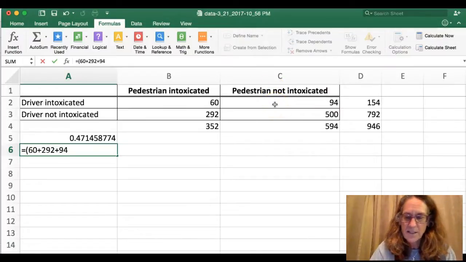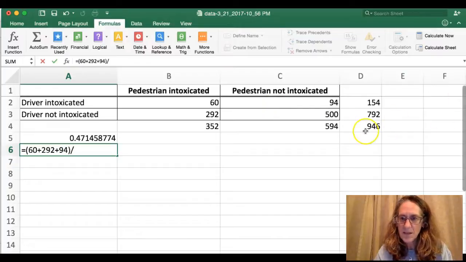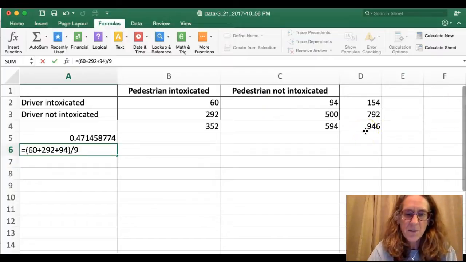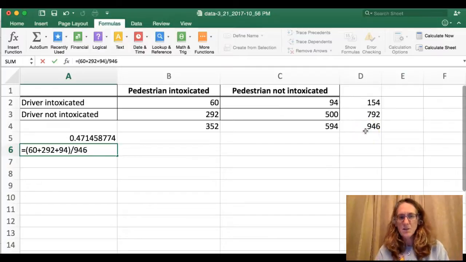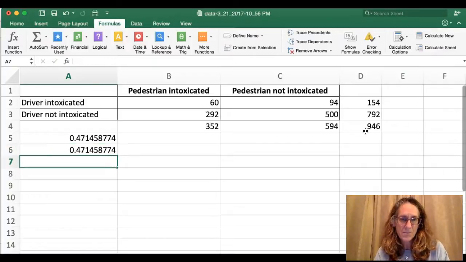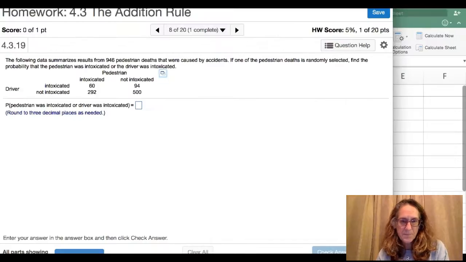And that whole thing divided by the total, 946, would be another way to use the addition rule to get the probability of one or the other or both. So either way, 0.471 to 3 decimal places, which is usually what they want.